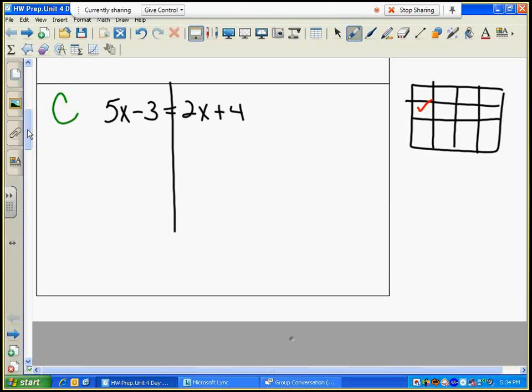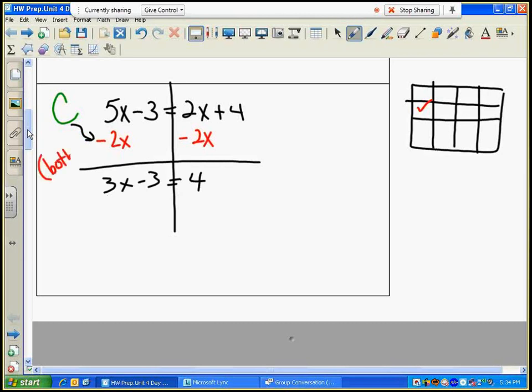So if I was to subtract a 2x from both sides here, that step right there is the collecting. Okay. Notice that that happens on both sides of the equation. So in your notes here, write down the word both. That should help you tell the difference between those two.